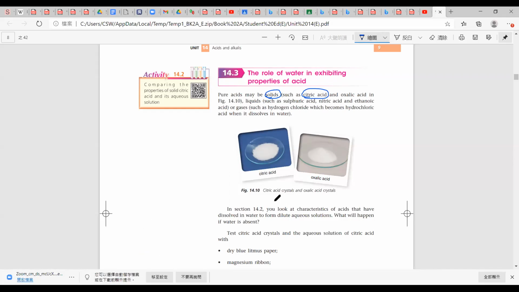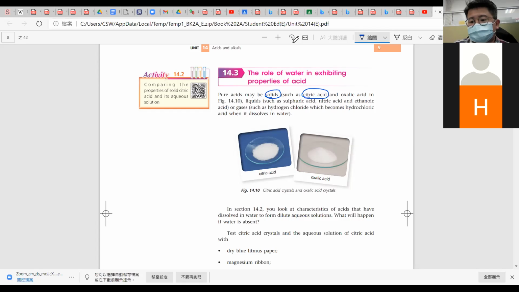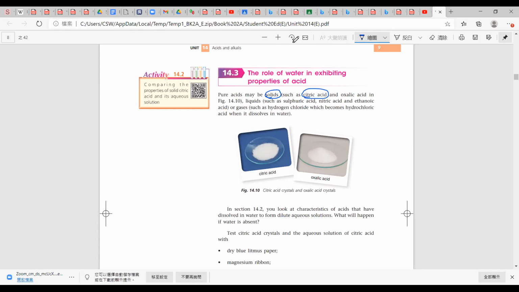So, what do you know? What conclusion do you have? Now, after watching the video about the solid citric acid, what are the chemical properties of citric acid if it is in solid state?